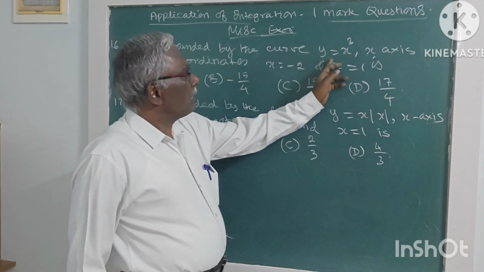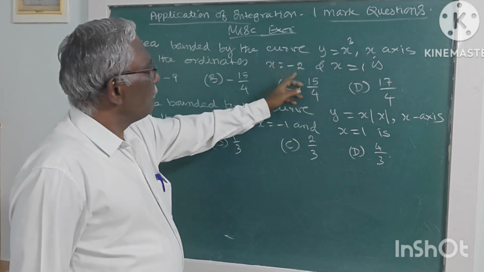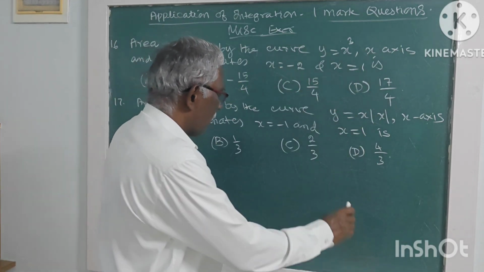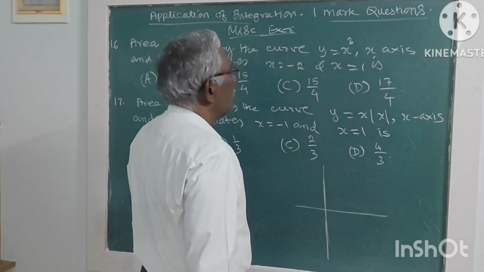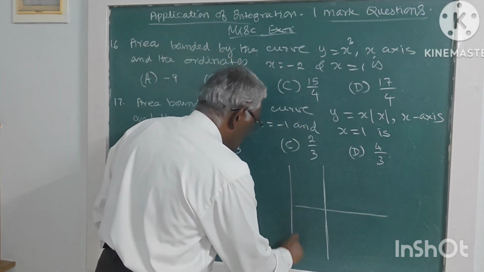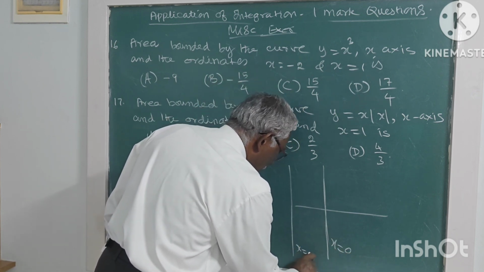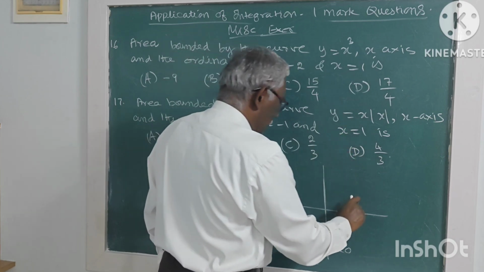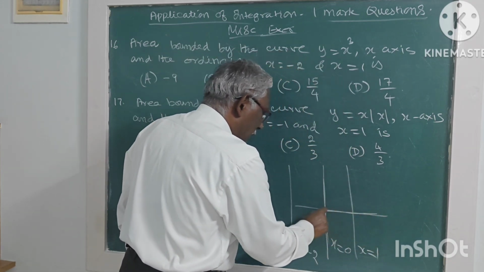Area bounded by the curve y is x cube, the x-axis, and the ordinates x is minus 2 and x is 1. Just we will draw the rough sketch. x is minus 2, the equation of the y-axis is x is 0, so x is equal to minus 2 and x is equal to 1. So take the x-axis here.